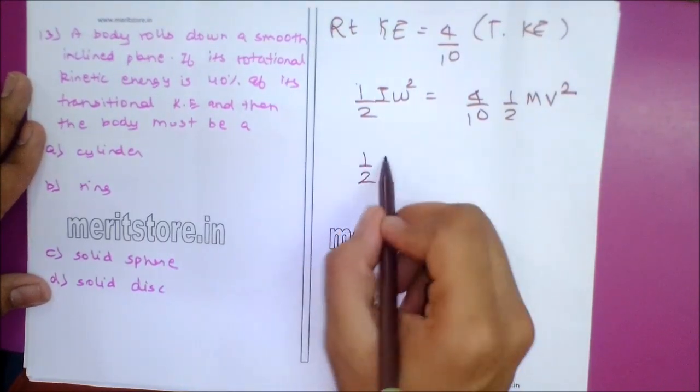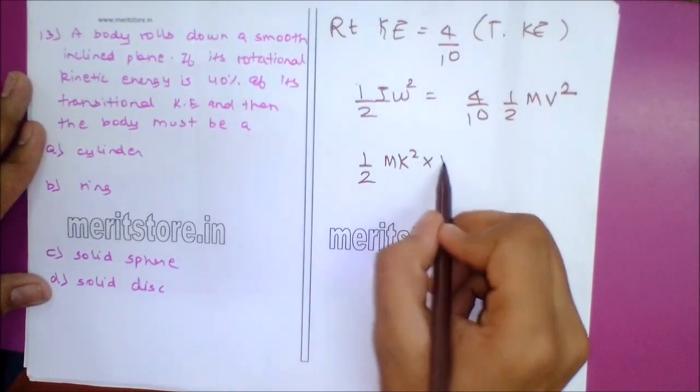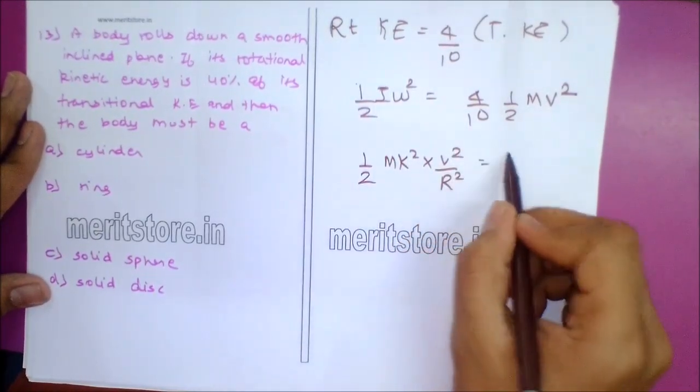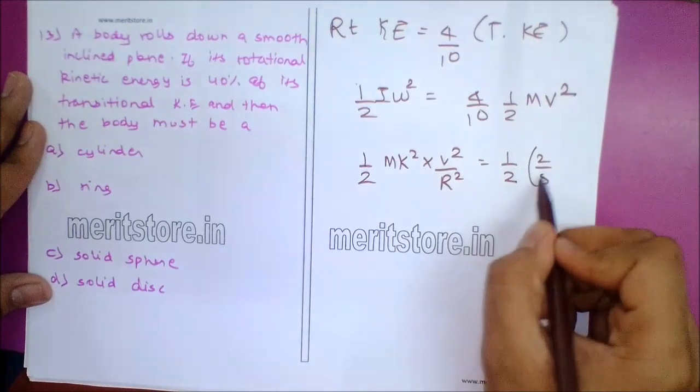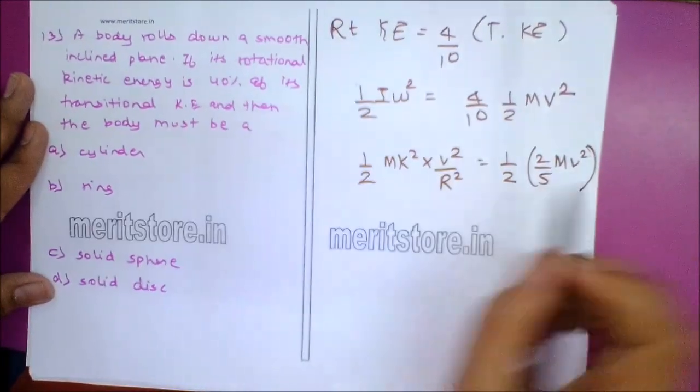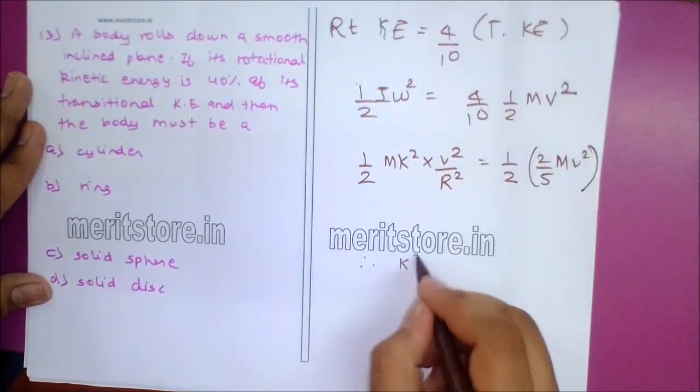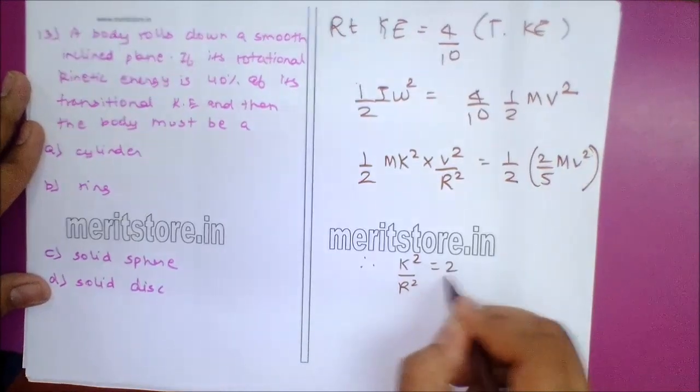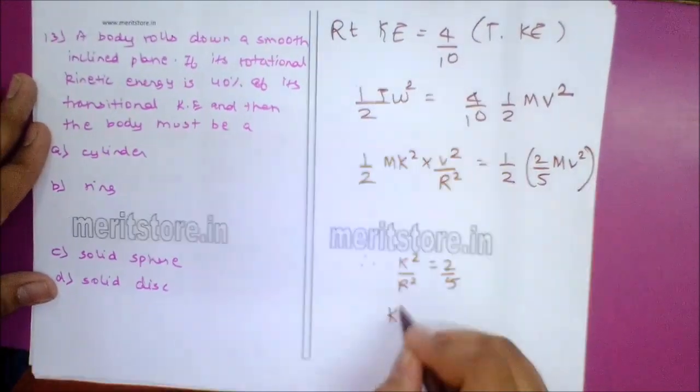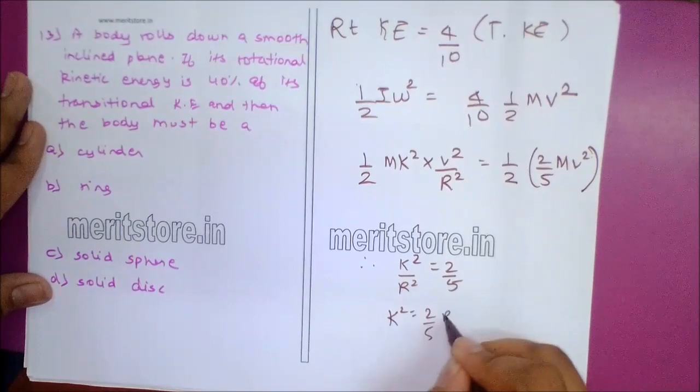On solving we get half mk square into v square by r square is equal to 1 by 2, 2 by 5 mv square. Therefore, k square upon r square is equal to 2 by 5. Value for k square is equal to 2 by 5 r square.